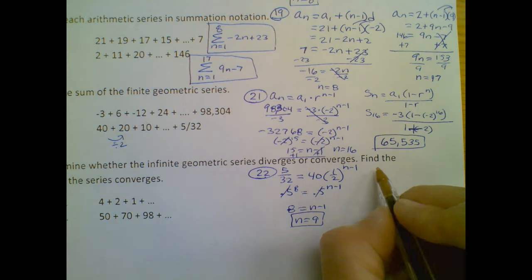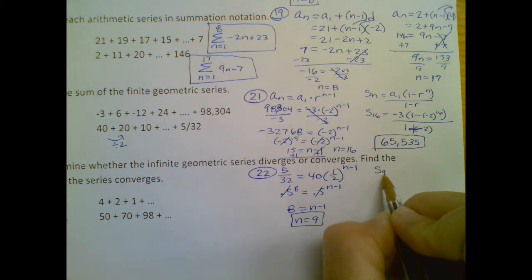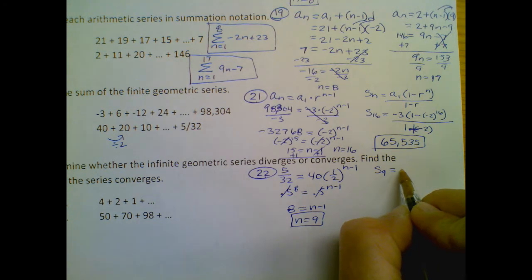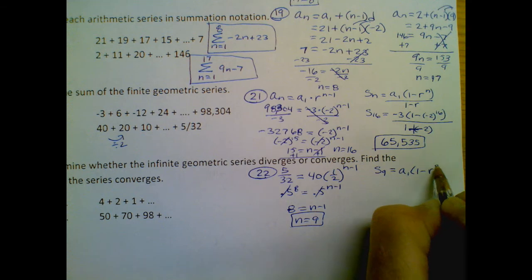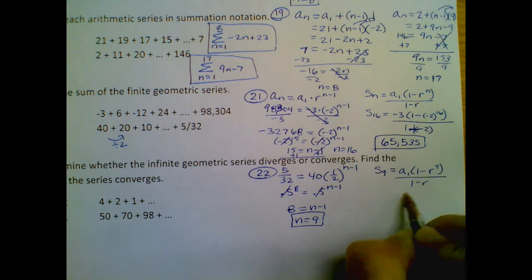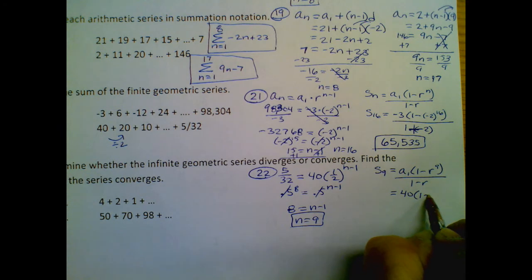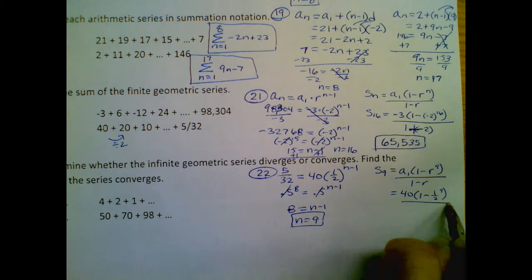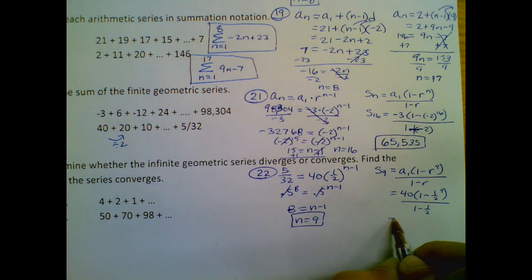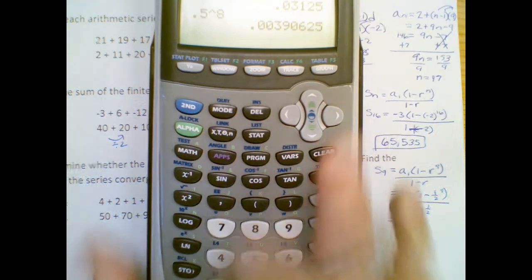And then from here, we want to find the sum of those 9 terms, so we can plug in our 9 for our n's. And then our first term was 40, our r was a half. So we're going to simplify this down.